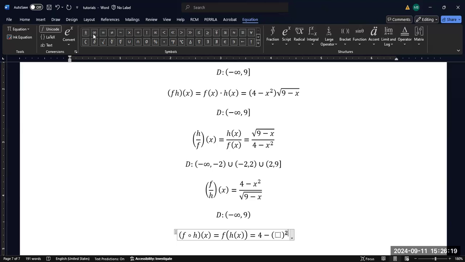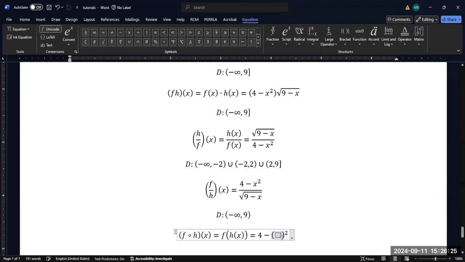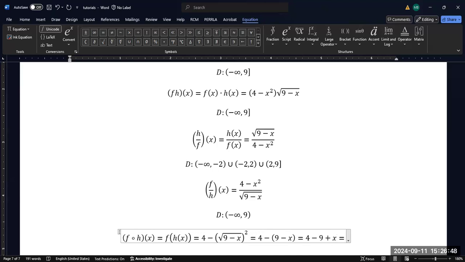That's my outside function. And then inside of this, I would stick in my radical, 9 minus x. Now, when I simplify this, the square and the square root are going to cancel. And so then I'm going to get 4 minus 9 plus x, which is going to give me x minus 5.